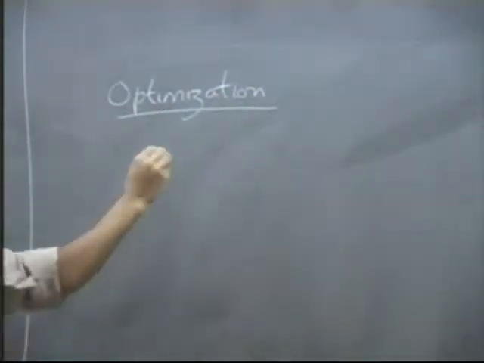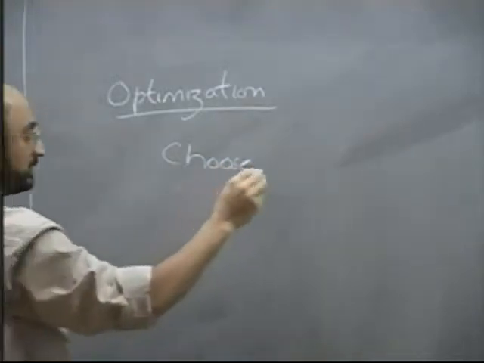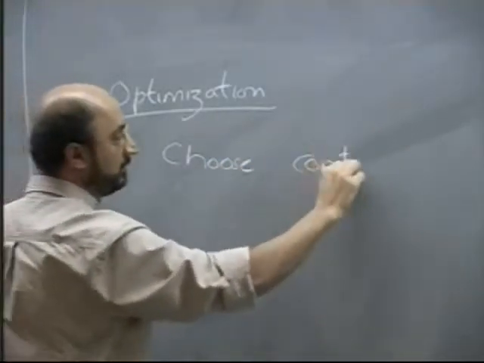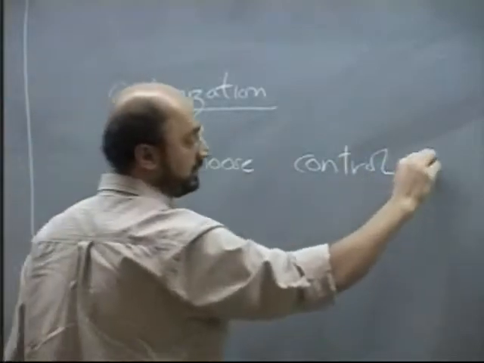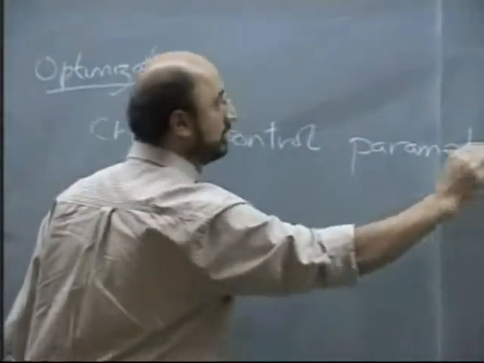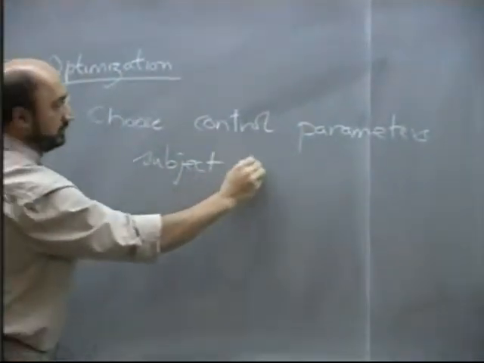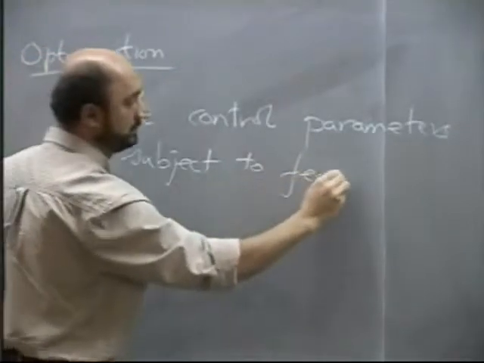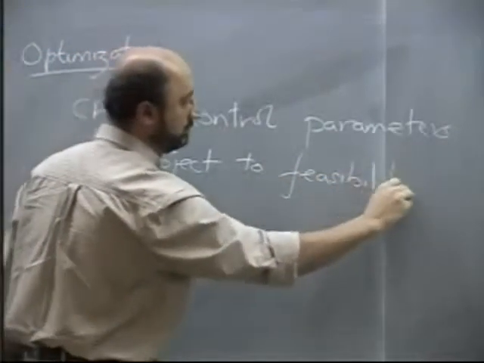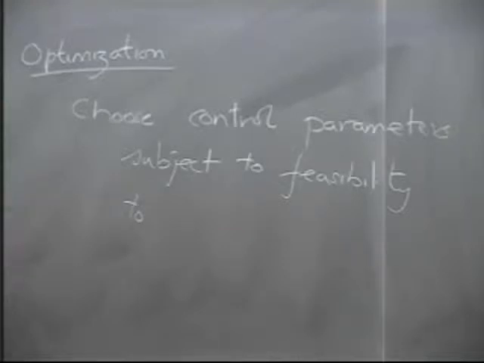Optimization can then be defined as: choose the control parameters, subject to feasibility, and we'll call optimize just a shorthand for minimize or maximize, right?